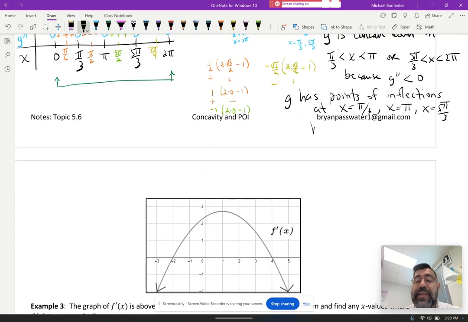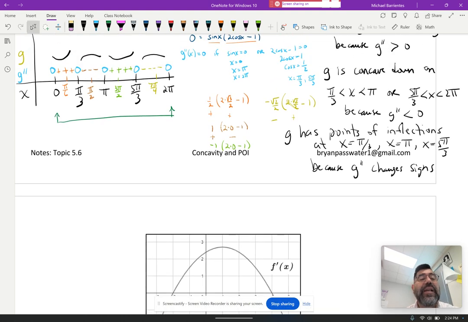And the reason is because G double prime changes signs. Since I know that the second derivative changes signs at those x values, they have to be points of inflection.